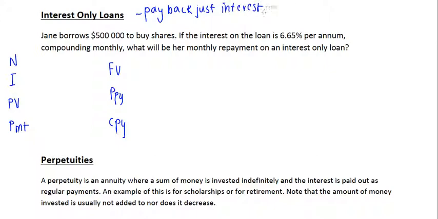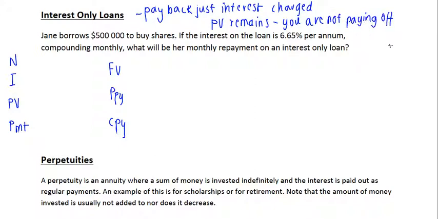This means that the principal, or the amount that you borrowed at the beginning, stays, it remains. You are not paying it off. So you still owe that amount. Until you start to increase your repayments, you will still owe what you borrowed at the beginning.